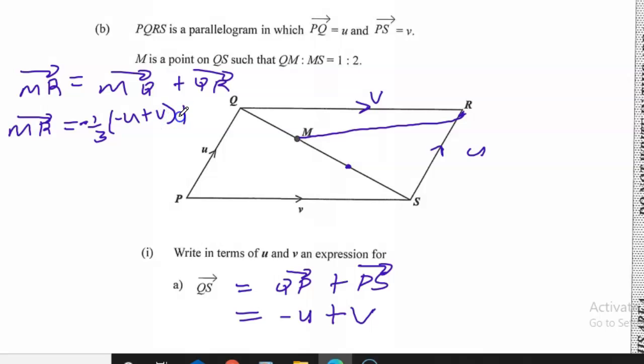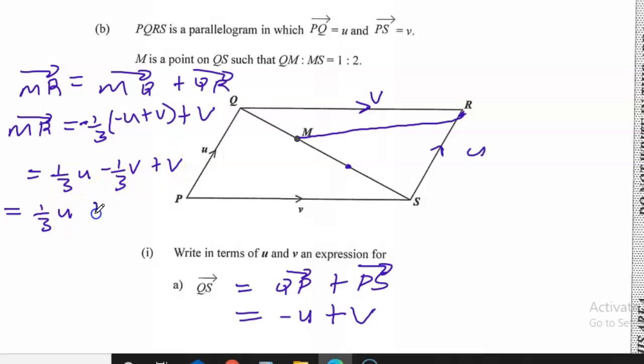Plus QR. QR is v. So we distribute, so negative 1/3 times negative u, that's positive 1/3 u, minus 1/3 v, plus v. So with the 1/3 u, now what's negative 1/3 plus 1?